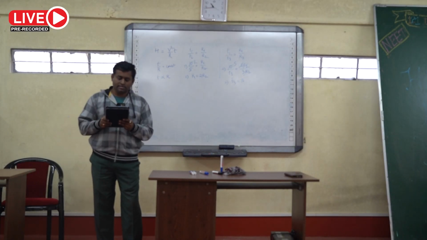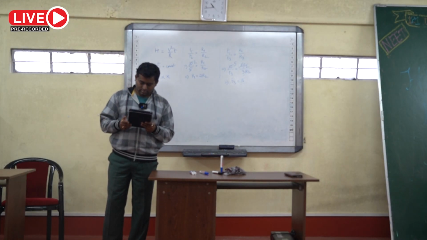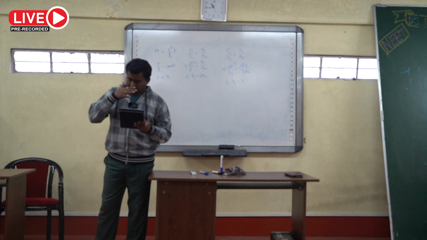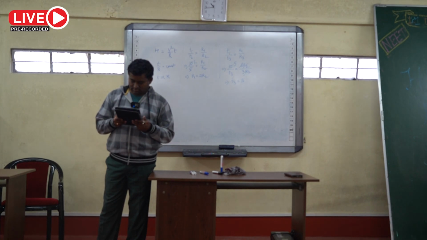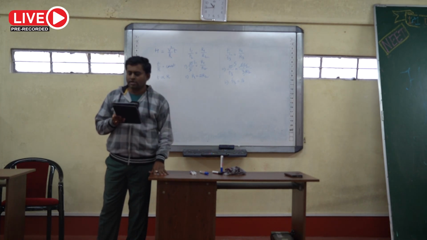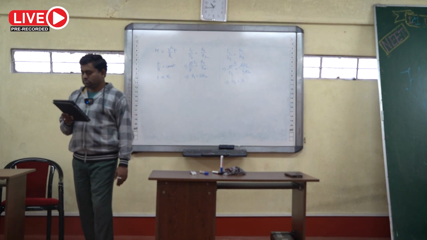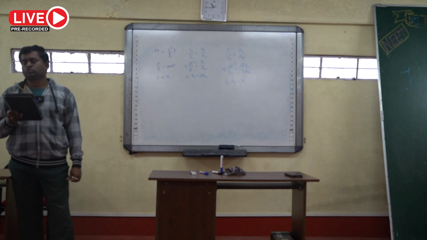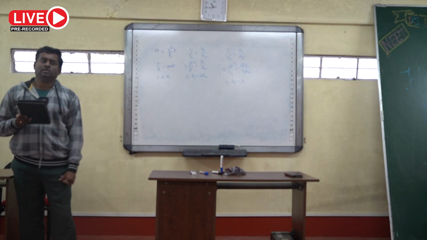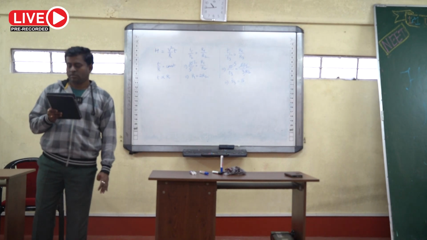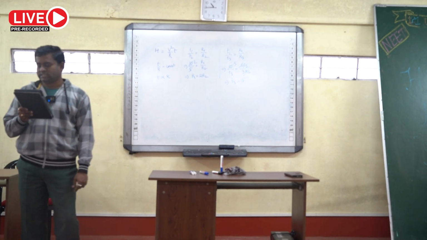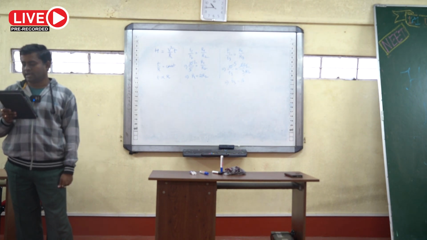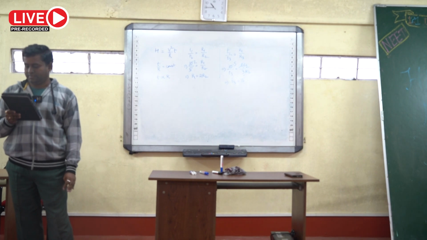Write down question number 25. A current of 2 ampere flows through a 2 ohm resistor when connected across a battery.